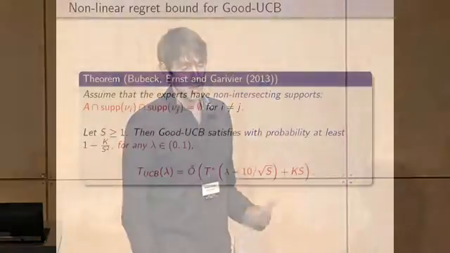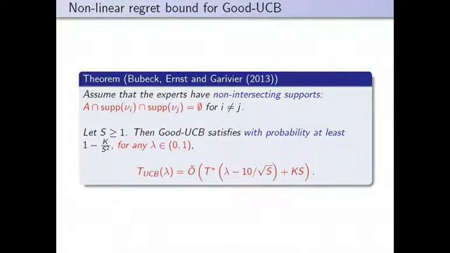And now we prove what we call a nonlinear regret bound. We show that, again under this assumption of non-intersecting support, let S be larger than 1, think of S as, let's say, 10. Then with high probability, something like 0.99, for any lambda, and this is the key, it's uniform in lambda.